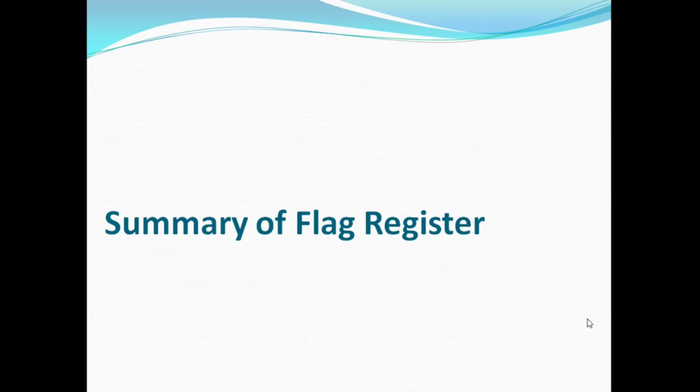Number 5, parity flag. This flag is set to 1 when there is an even number of 1 bits in the result, and to 0 when there is an odd number of 1 bits. Number 6, overflow flag. Overflow flag is set to 1 when there is a signed overflow.